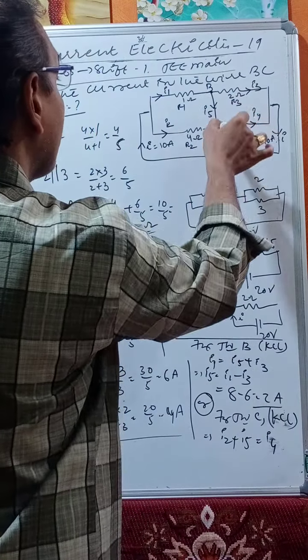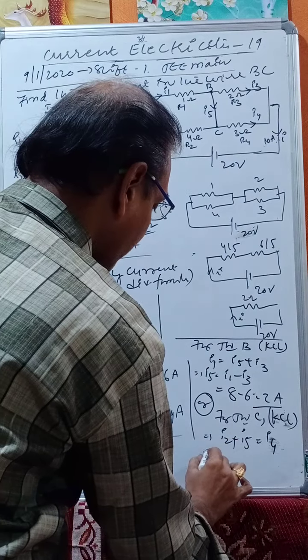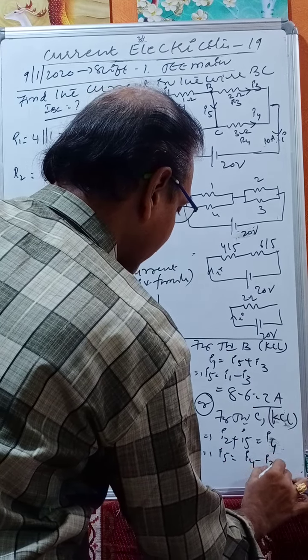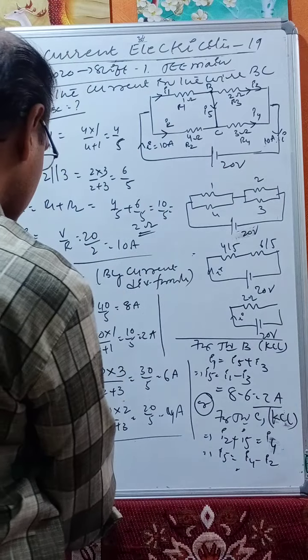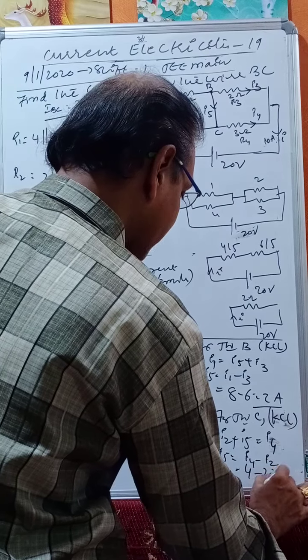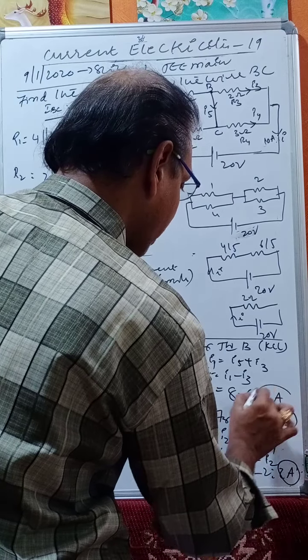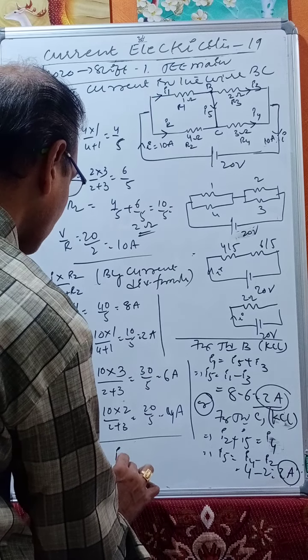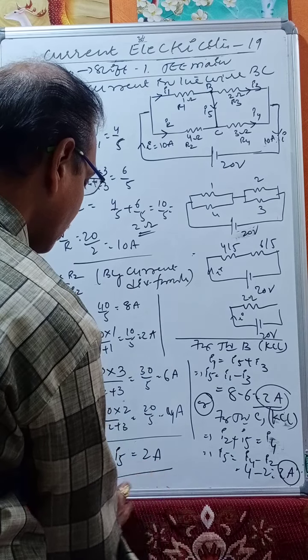This implies I5 is equal to I4 minus I2, that is 4 minus 2, which is 2 amperes. Anyhow, we got the same answer. Therefore, the current in the wire BC, I_BC, is equal to I5, that is 2 amperes.